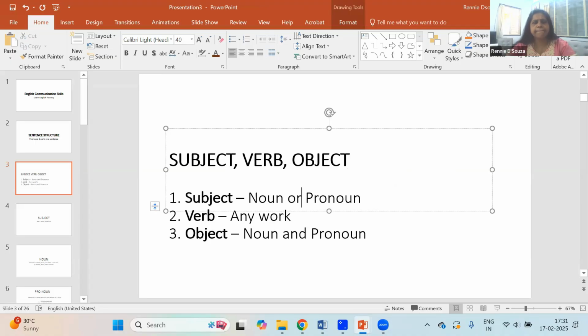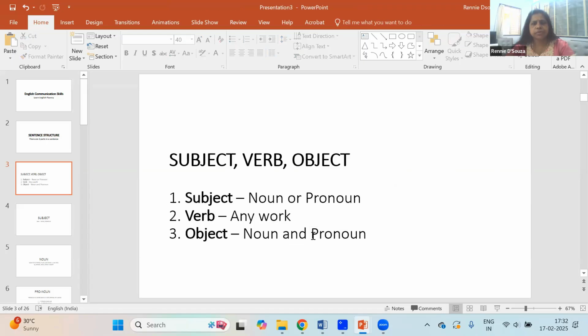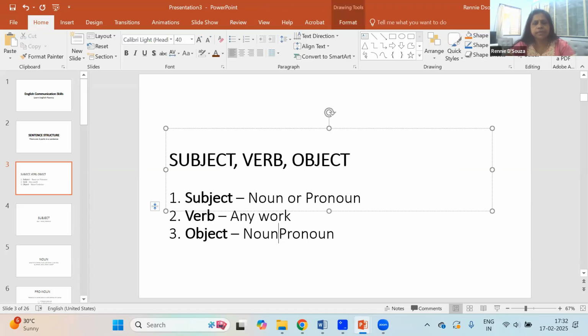So the third part would be everything which is apart from this subject and verb, because object describes this subject and verb, right?